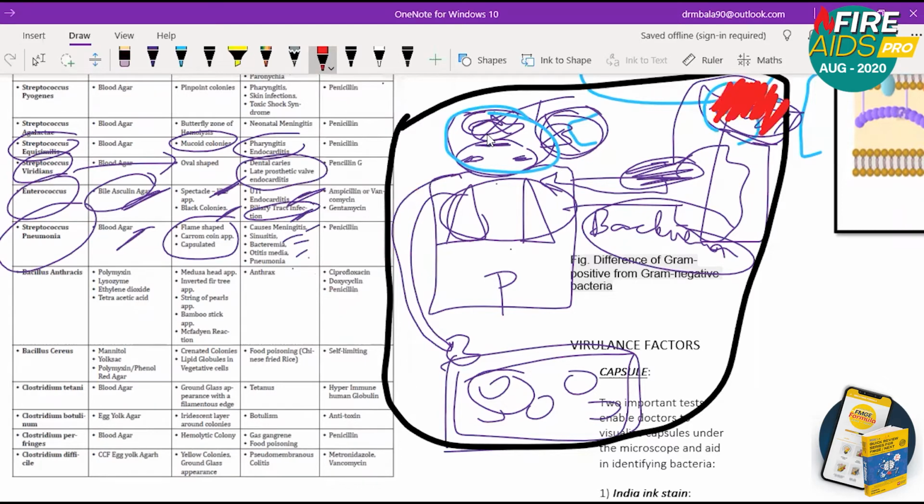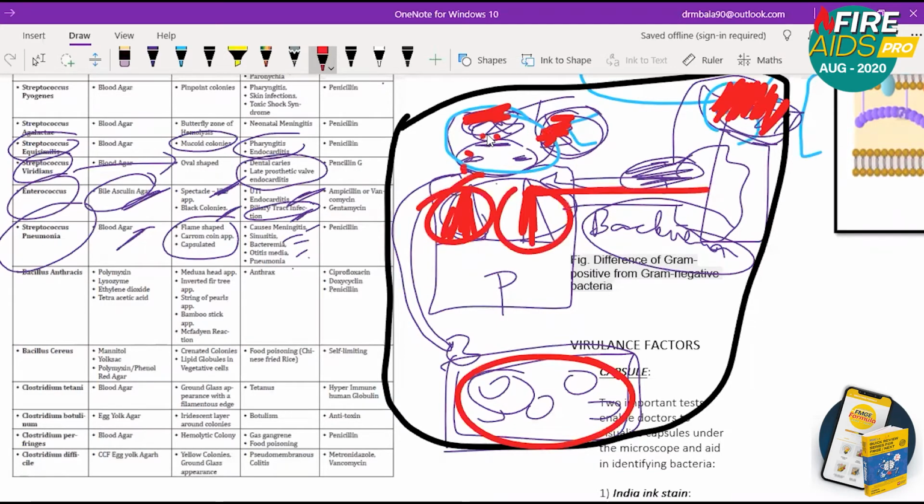He's playing carom board, so carom coin shaped. His lungs are affected. His brain is affected. His sinuses are affected. His ear is affected. So otitis media, meningitis, sinusitis, pneumonia, and he is having infection also, bacteremia. So you must remember all these points from just this one image.